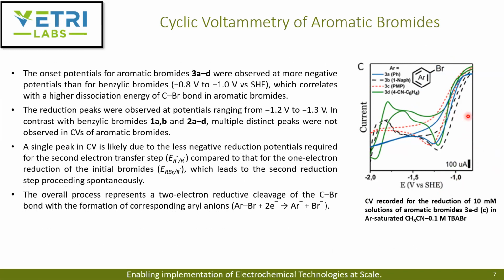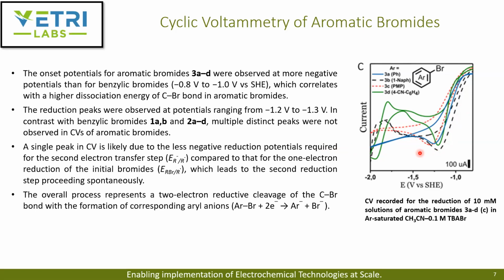Then the reduction peaks were observed at potentials ranging from minus 0.1 to minus 0.13 volts. However, we don't see multiple distinct peaks in the case of aromatic bromides as we saw for the benzyl bromides. The reason is the less negative reduction potential required for the second electron transfer step, where you produce the carbanion, compared to that for the one electron reduction of the initial bromide, where you form the radical.